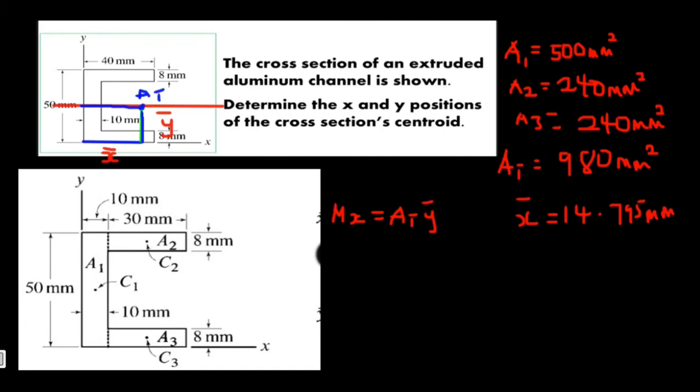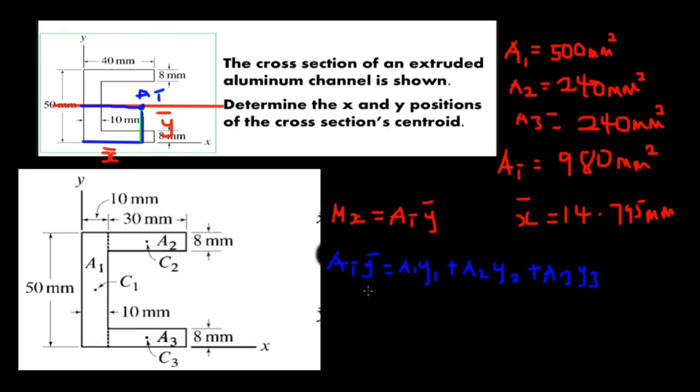So you know that the moment caused by this area about the x axis should be equal to the moment that all these areas will also cause about the x-axis. So that gives me my total area times y bar equal to area 1 times y1 plus area 2 times y2 plus area 3 times y3.